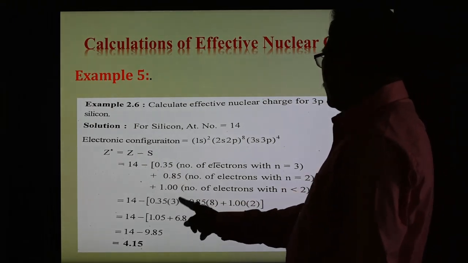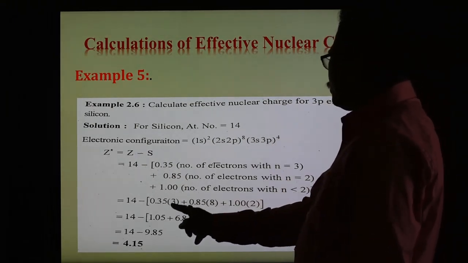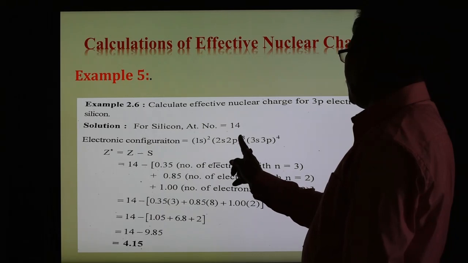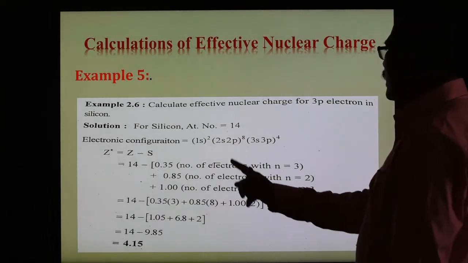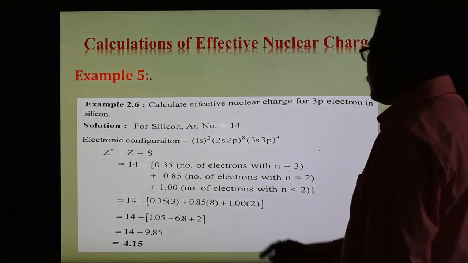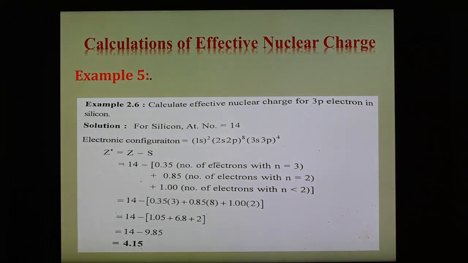So 0.35, and out of 4 we can take 3 electrons, and n minus 1 has 8 electrons, so we can take 8 electrons here: 0.85 into 8, and lower having 2 electrons, 1 into 2. So 14 minus 9.85, and we get the answer 4.15, and the effective nuclear charge is 4.15 for silicon.